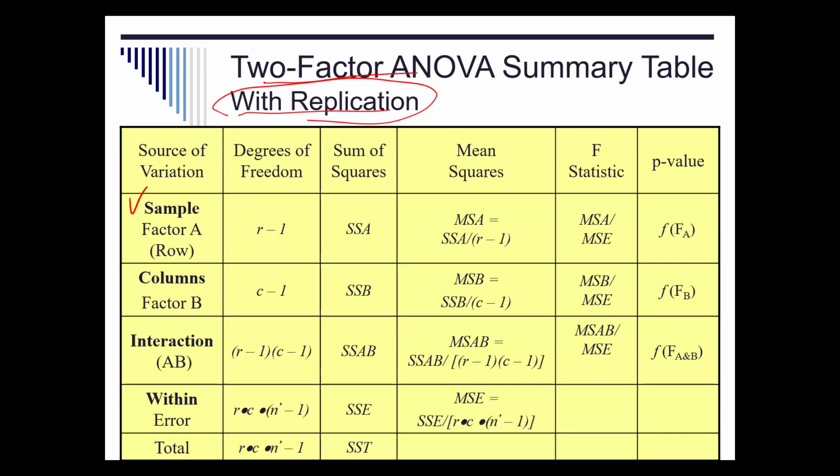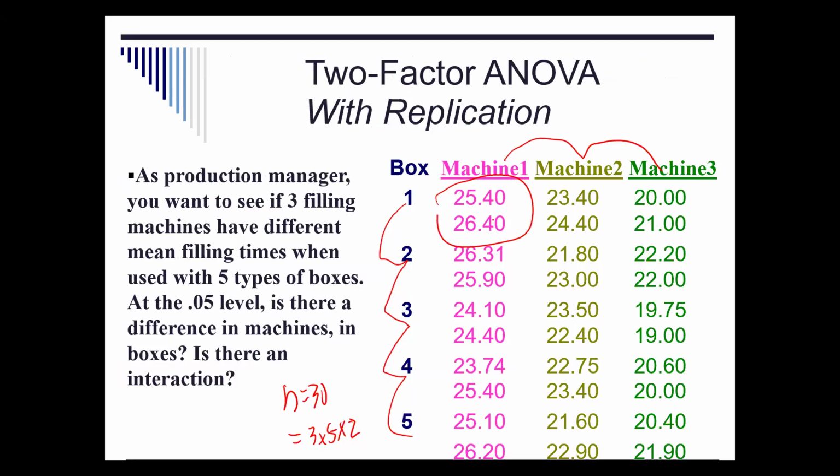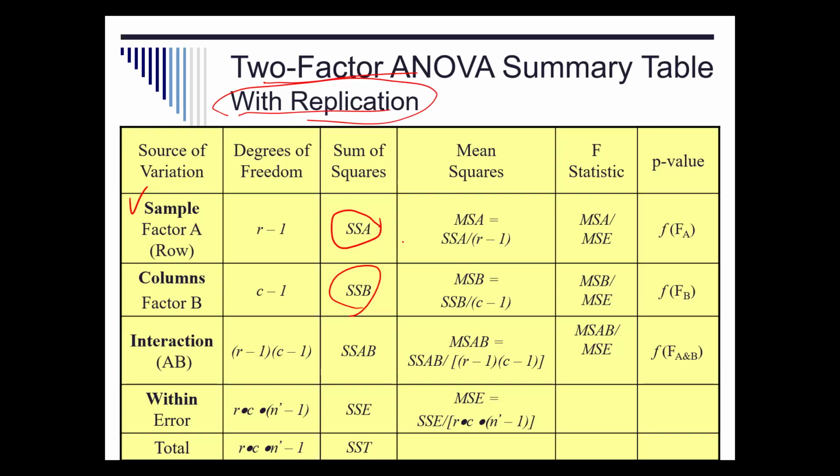Then the degrees of freedom for factor B, for columns, is C minus 1. The columns are factor B and the rows are factor A. Then we get the sum of squares for factor A, SSA, and the sum of squares for factor B. We get the mean square for factor A, which is the sum of squares for factor A over the degrees of freedom for factor A. And the mean square for factor B is the sum of squares for factor B divided by the degrees of freedom for factor B.